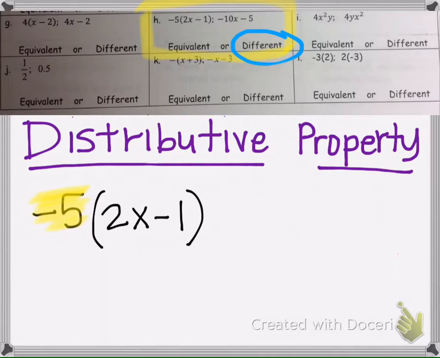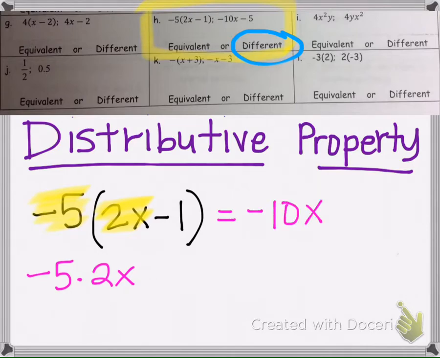So we're going to start with negative 5 times 2x. Negative 5 times 2x is equal to negative 10x. Now we're going to take the negative 5 and multiply it to the negative 1.